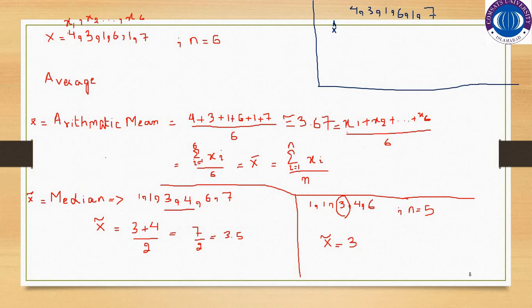So each value is coming only once in the data, only 1 is coming twice.